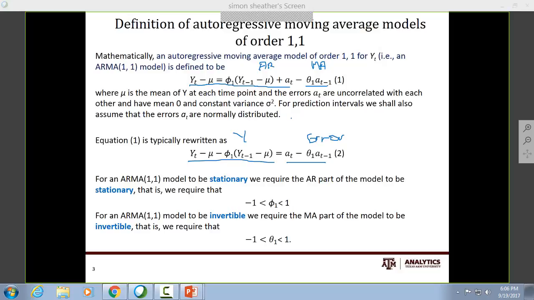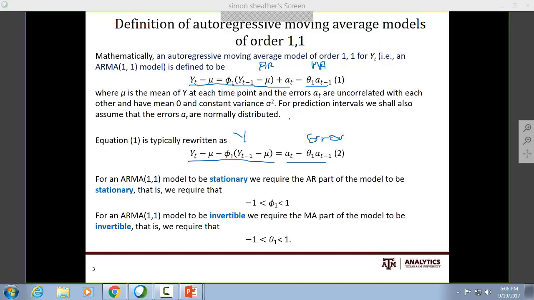Now recall, for the autoregressive part to be stationary, we need phi to be between -1 and +1. Remember the correlation between y_t and y_{t-1} is phi, 0.9 say. Between y_t and y_{t-2} is phi squared, 0.9 squared. So for that to die off, we need the number to be less than 1 in magnitude.